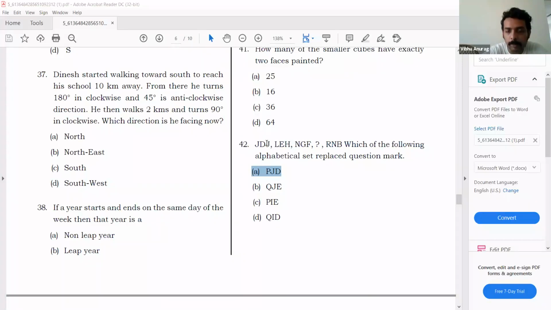You skip 1 and go back. Skip I and go back to H. Then skip G and go back to F. Then skip E and go back to D. So you get PJD. Either way, find the second one or the third one, you get PJD. That's fine.